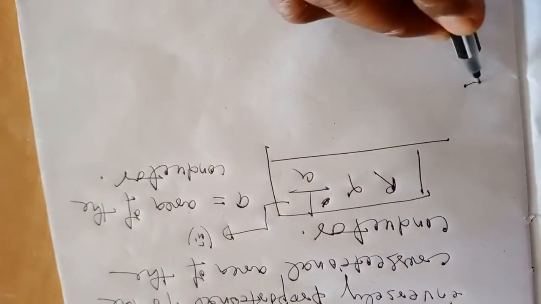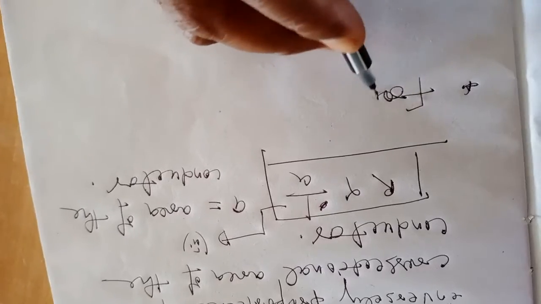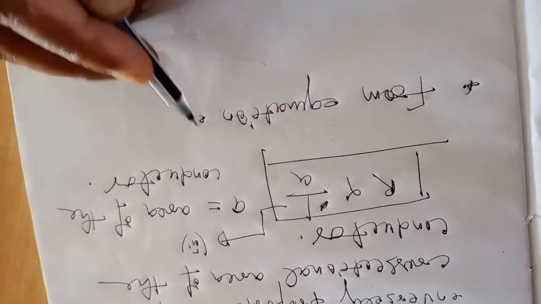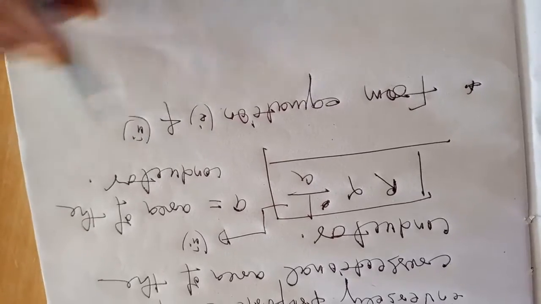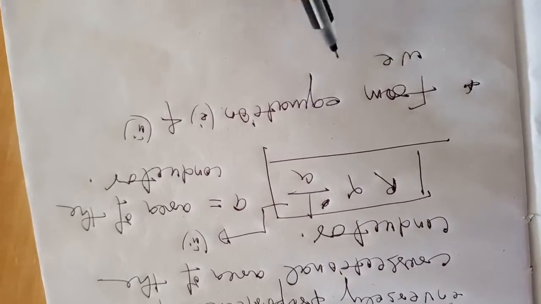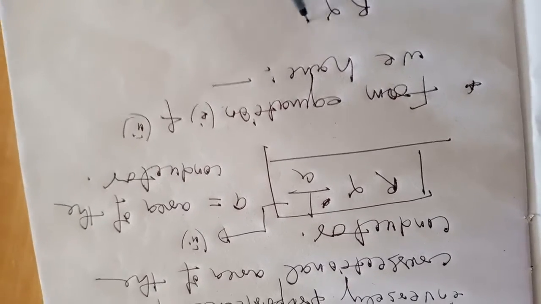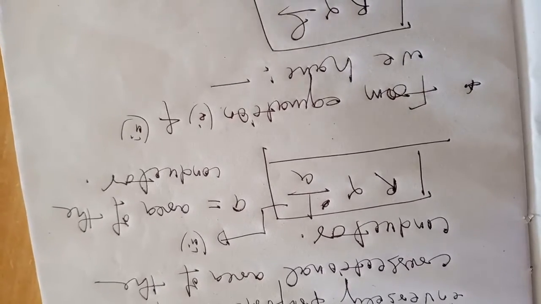So from equations 1 and 2 we have R proportional to L by A. Previously we have done this.